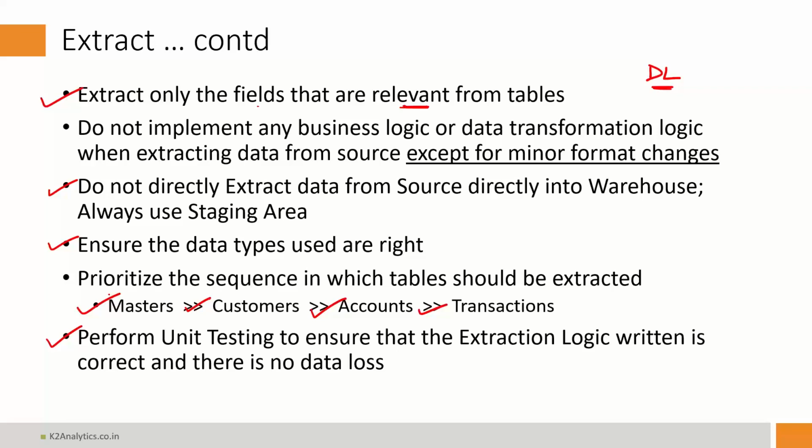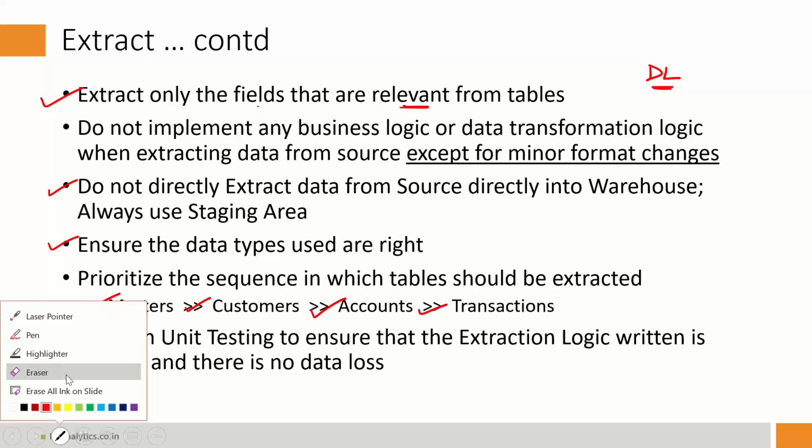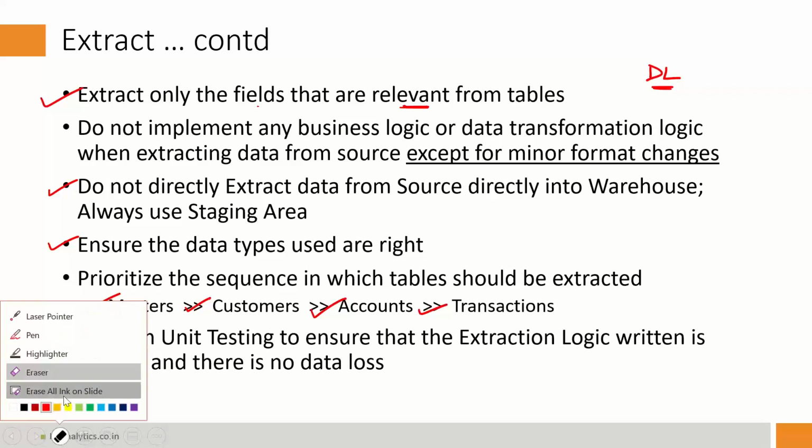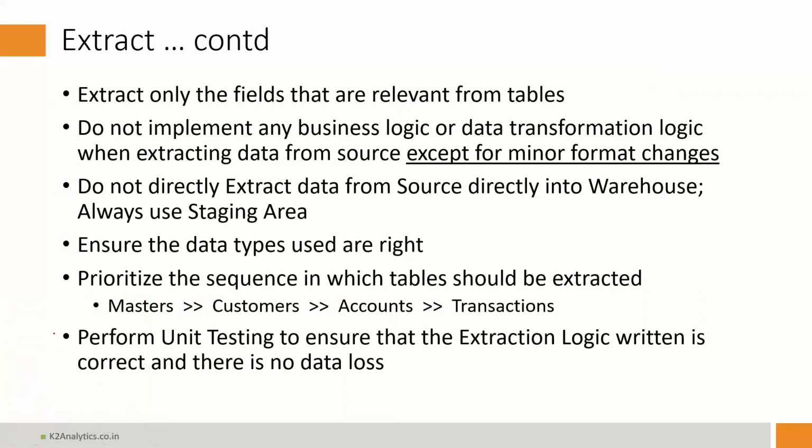And one more important point, which probably I have not mentioned here, naming convention. As you know, when you do ETL, your data would be coming from different sources. Now, when you are pulling data from multiple sources, in one of the sources, the customer ID might have been written as cust ID.